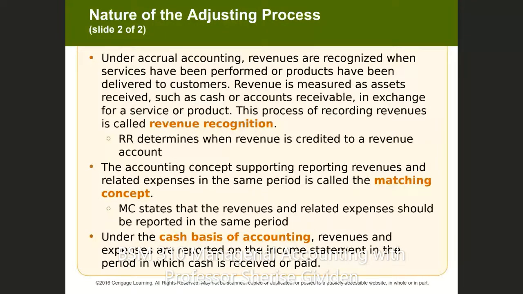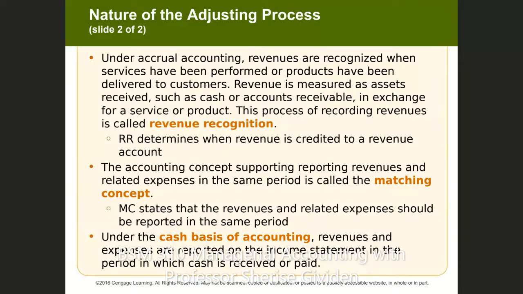Revenue is measured as assets received, such as cash or accounts receivable, in exchange for a service or a product. This process of recording revenues is called revenue recognition. Revenue recognition determines when revenue is credited to a revenue account.